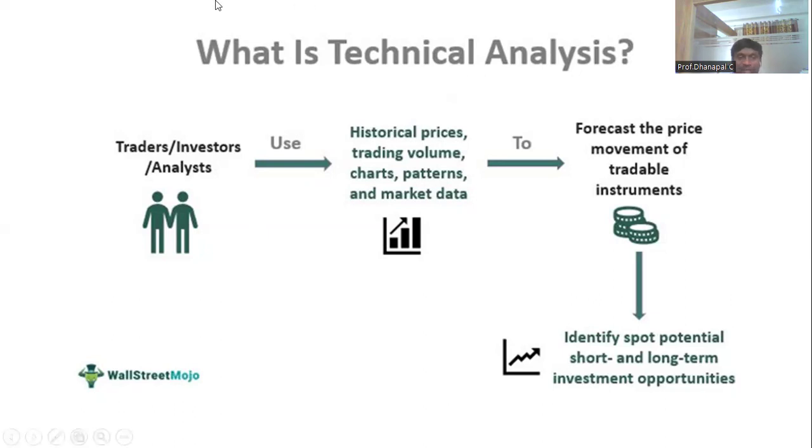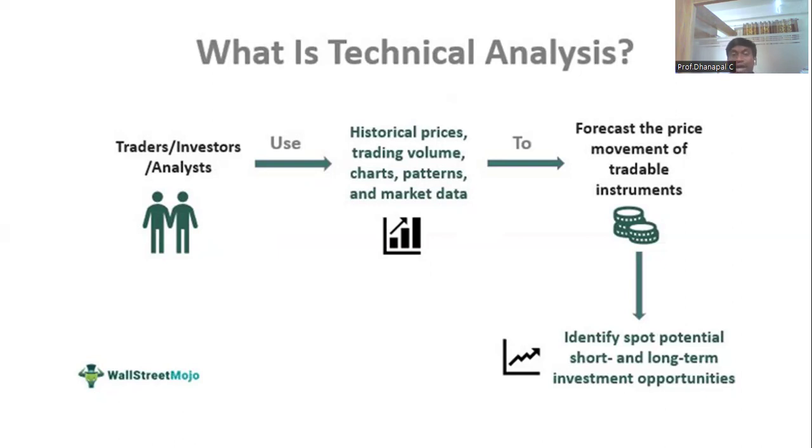All these three groups will use historical prices, trading volume, chart patterns, and market data. All this information is available on NSE as well as BSE, and all the companies also update it. If you search on Google or NSE or BSE, the charts are available. We can take the historical data and past performance of all the companies, the share price, whether it increased or decreased, the trading volume, and we can identify different types of charts.